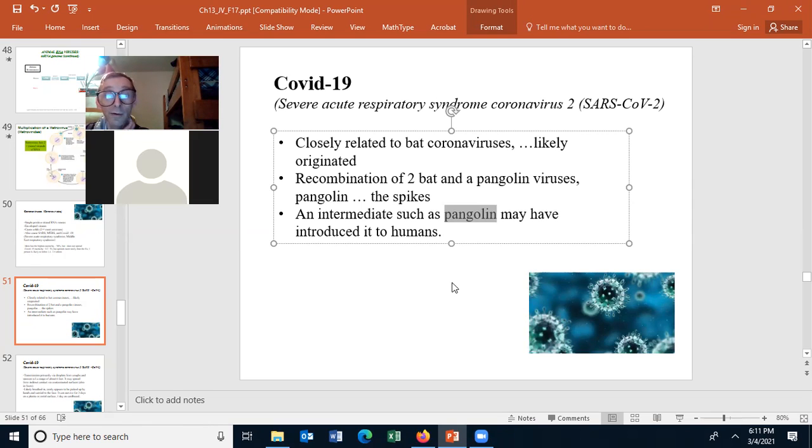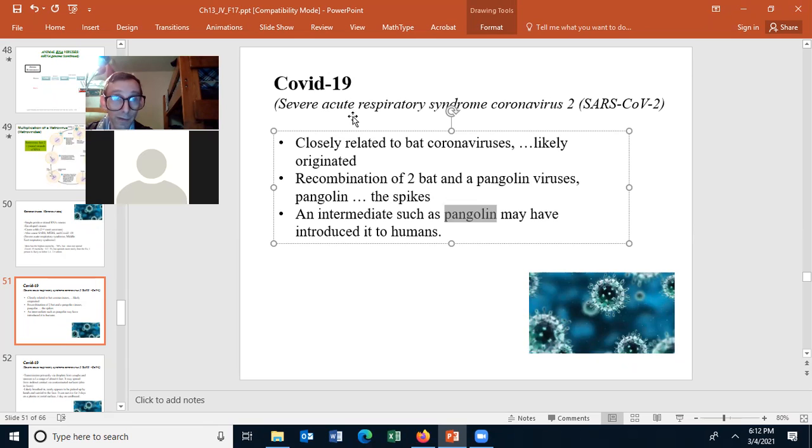And yes, it is known, I guess maybe I didn't mention it, that with COVID-19, they sequenced the virus, and they found that the sequence is closely related to two bat coronaviruses, and then a very short segment of COVID-19, just a few genes, is similar to the pangolin coronaviruses.